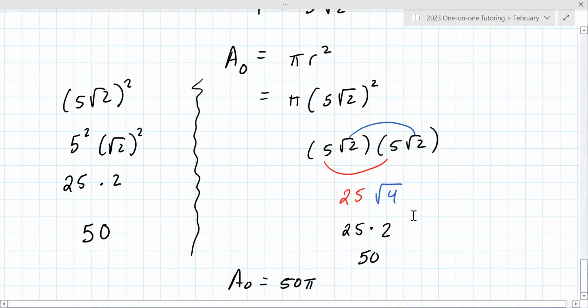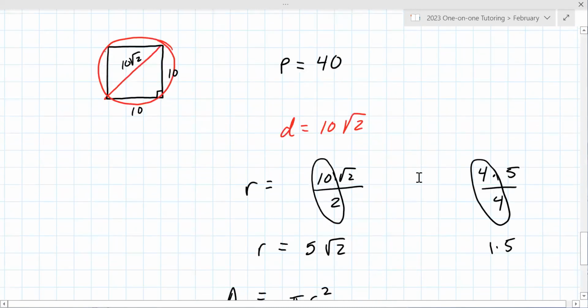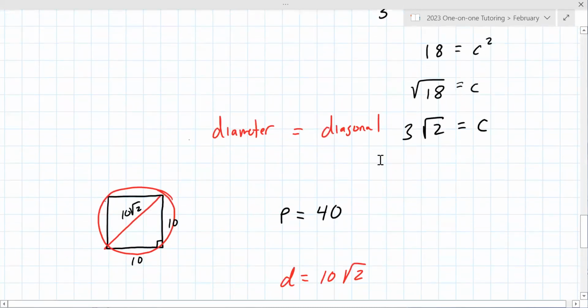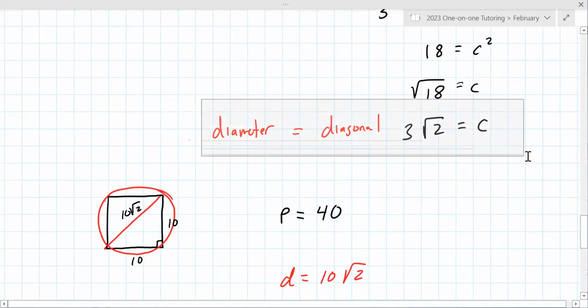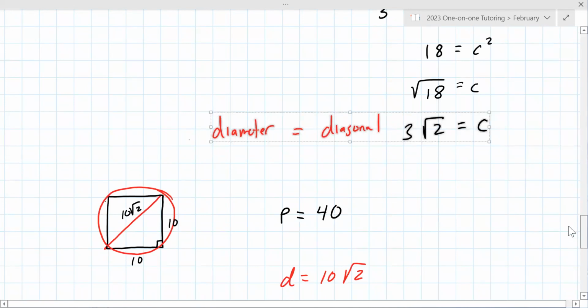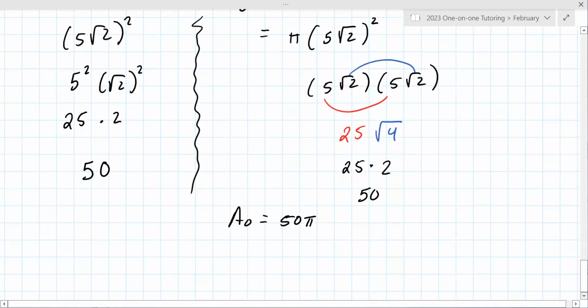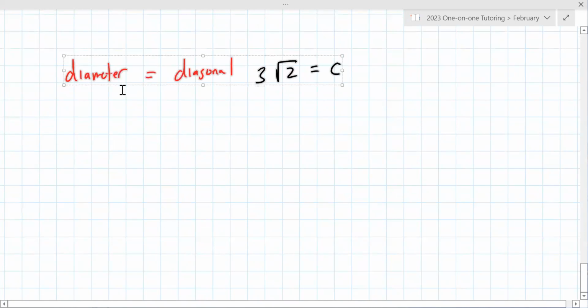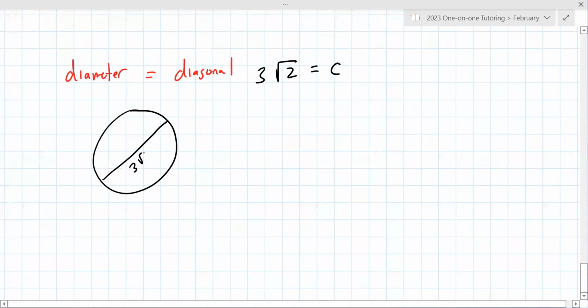All right, now here's where we left off in the previous problem. We can try this one now. Where we left off is that the diameter of the circle was 3 square root 2.